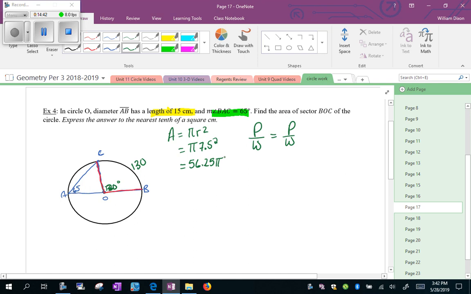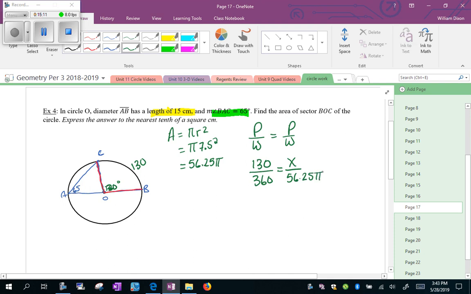Okay, so my degree measurement, my part is going to be 130. That's going to be over 360, the full degree of the circle. My part is going to be x. That's what I'm looking for, that area. And then the area of the whole circle I just found as 56.25 pi.